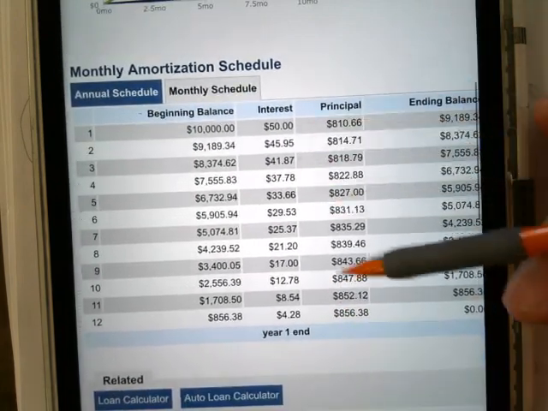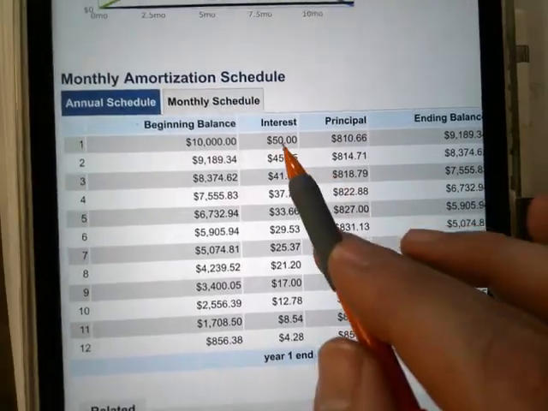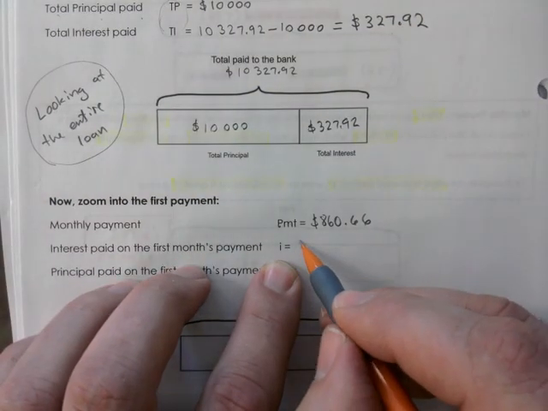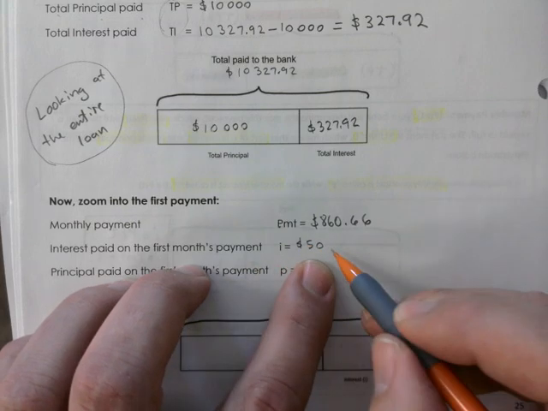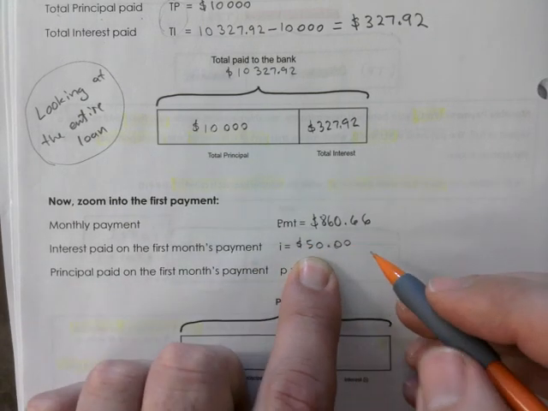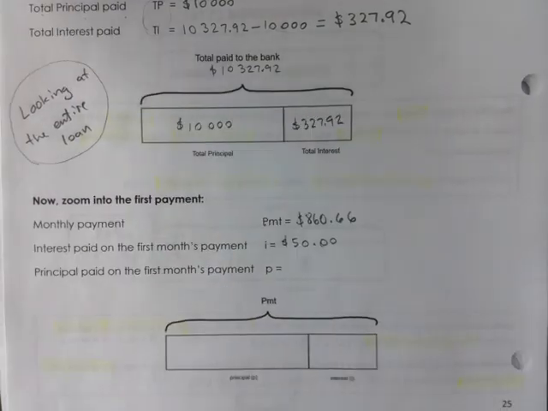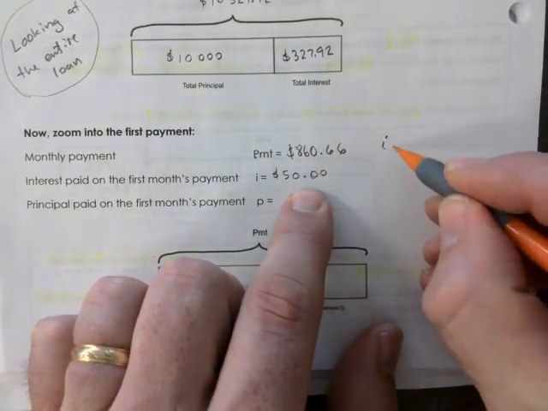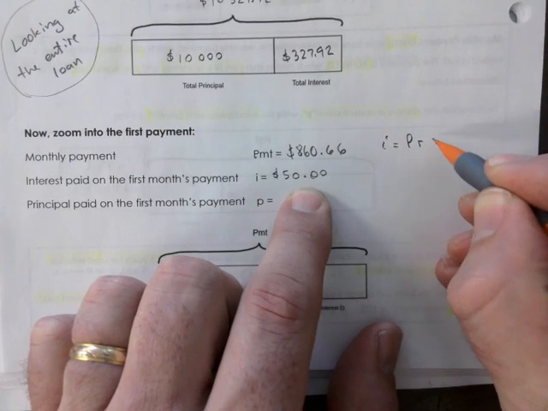That's very important here. So we're going to do the first month here. Watch this. We're going to put down 50 here because I told you already. No news there. But this is actually how I calculated that. Watch. I equals PRT.